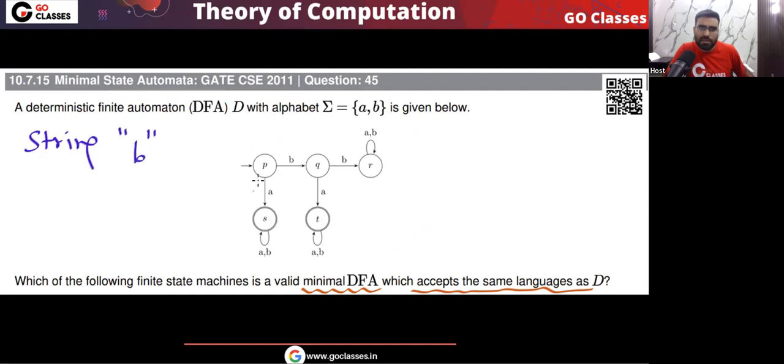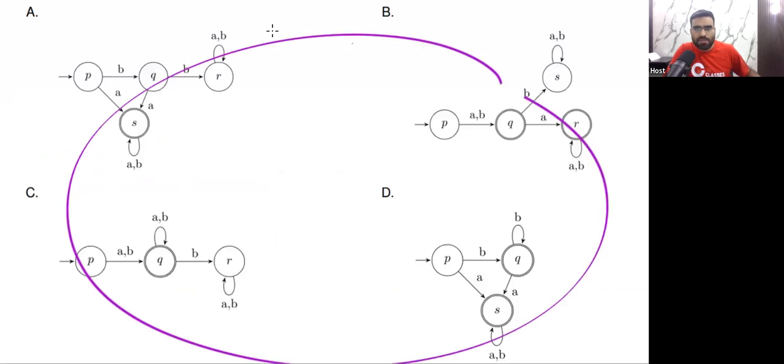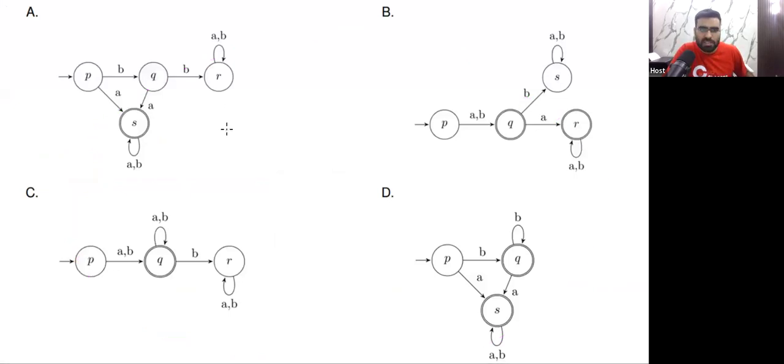This string B is rejected by this given DFA. Yes or no? This string B is rejected. So string B should be rejected, and these are the options. Tell me which option is rejecting string B.